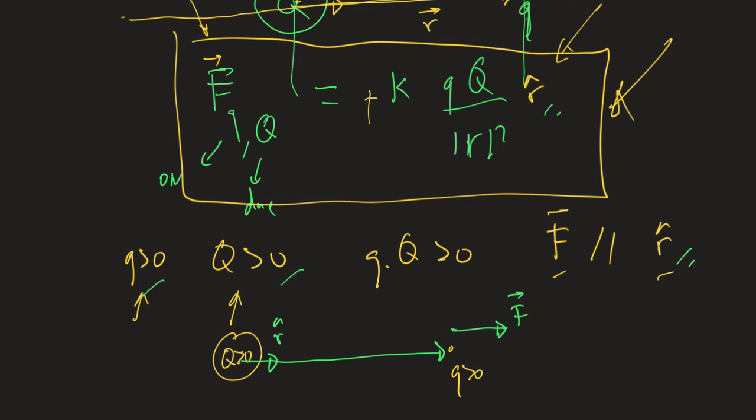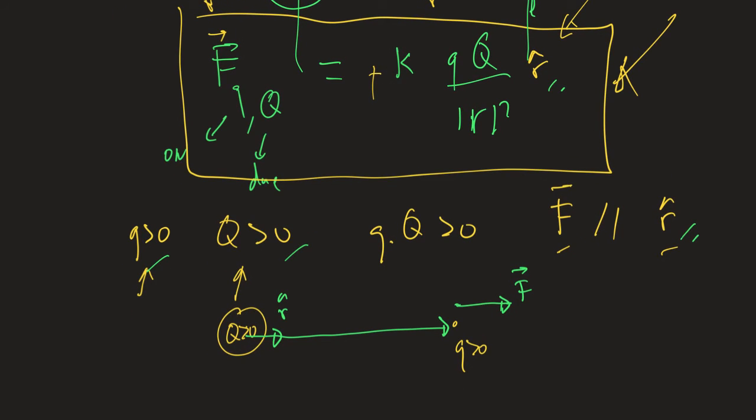Let's say now your question is true. Of course, there is another interaction, the gravitational force between the mass of capital Q and the mass of little q. It will be an attractive gravitational force going in the opposite direction of the vector r.